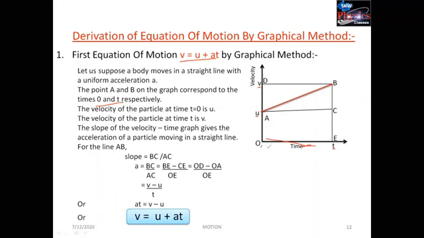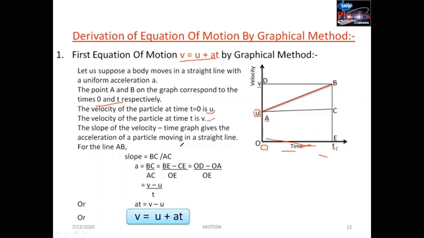So the time while traveling from A to B is 0 to t. ठीक है, जब पॉइंट A पे था तो बॉडी की वेलोसिटी थी, the velocity of the particle at time t equal to 0, that is the initial velocity, was u and the final velocity is v at time t.